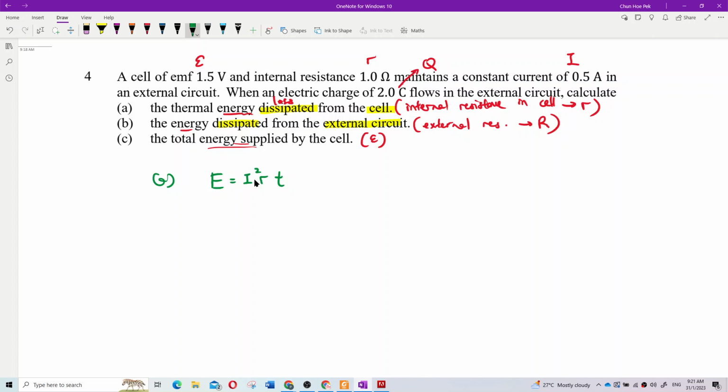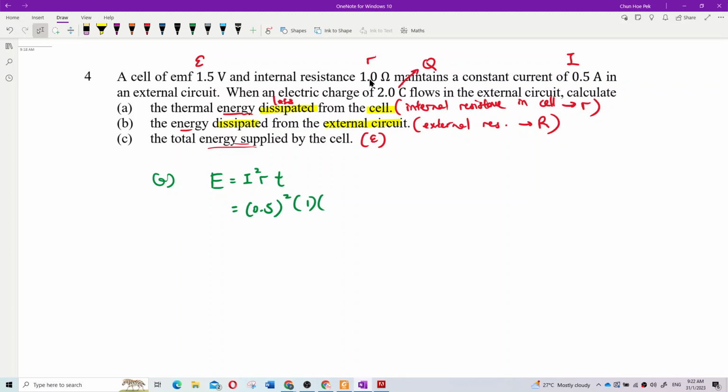Do you have the current? Yes, you have 0.5 squared. Internal resistance is 1 ohm. What's the time taken?